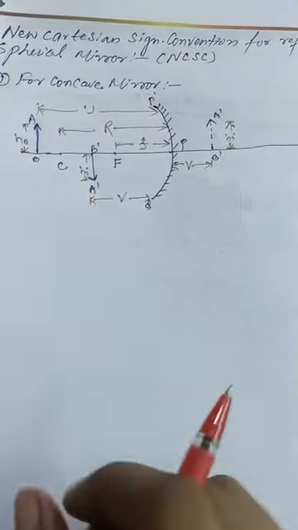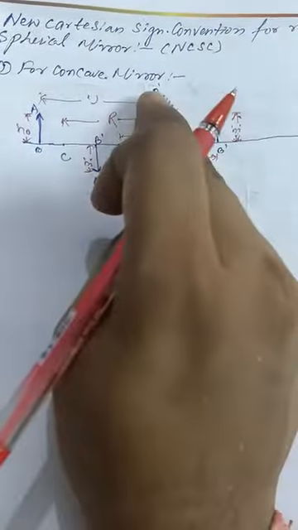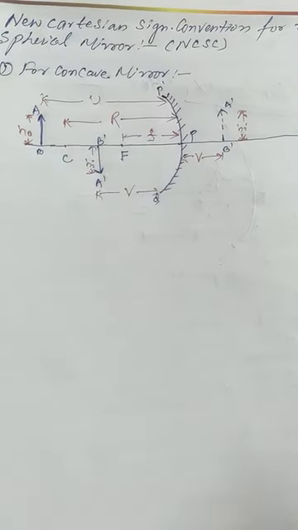Now we see that in this condition we have to work out the sign convention, because these are used to solve numericals concerning either of the mirrors.